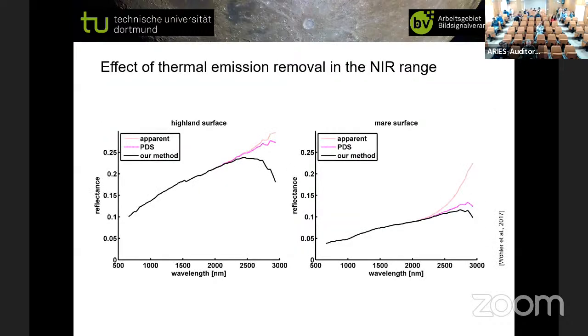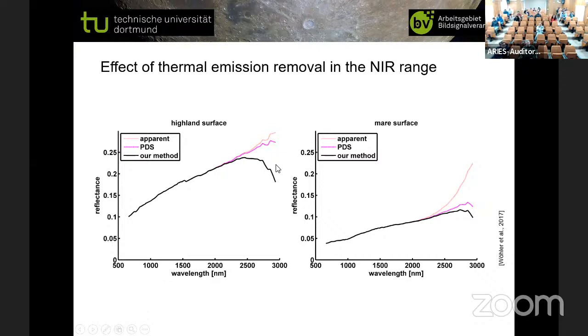And the difference is shown here. If we don't do any kind of correction of this thermal emission, here for a typical highland surface, we usually have this light red apparent reflectance, uncorrected. Our method gives us the black curve.